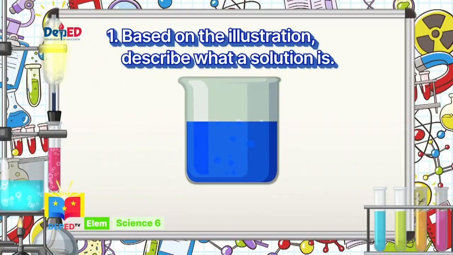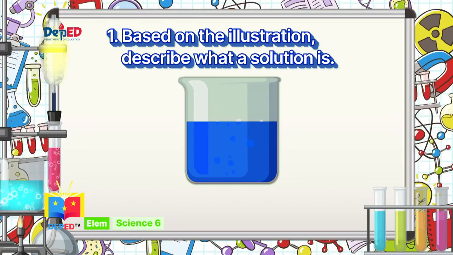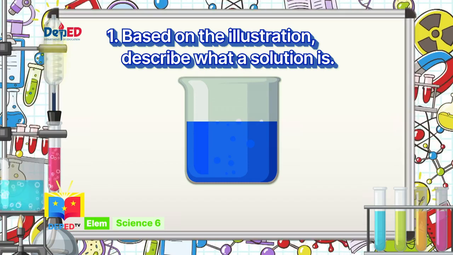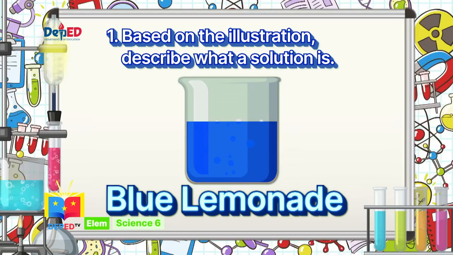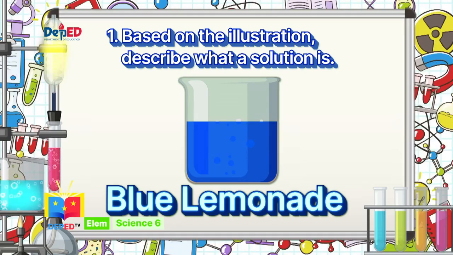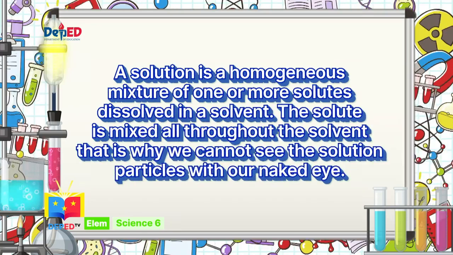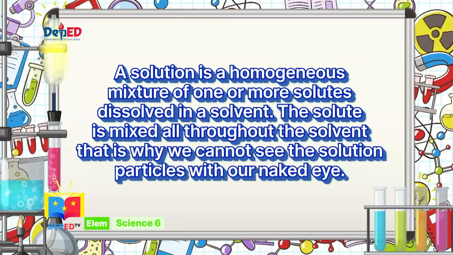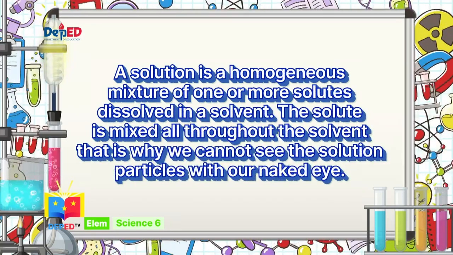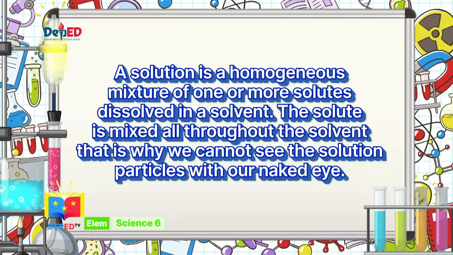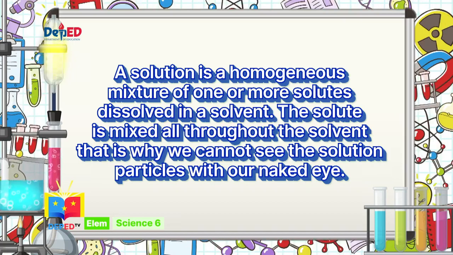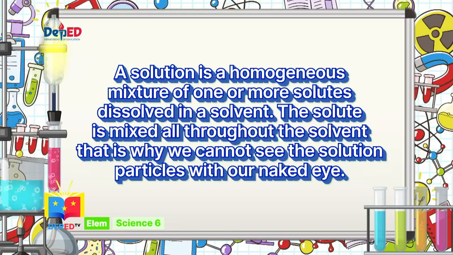Number 1. Based on the illustration, describe what a solution is. A mixture of blue lemonade powder and water. A solution is a homogeneous mixture of one or more solutes dissolved in a solvent. The solute is mixed all throughout the solvent, that is why we cannot see the solution particles with our naked eye.